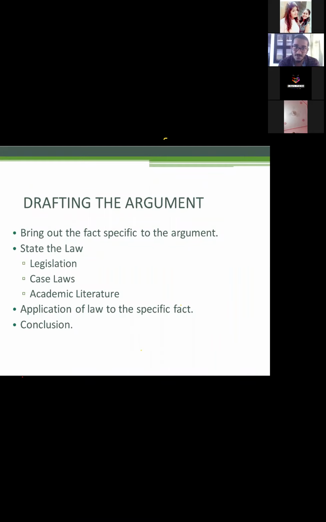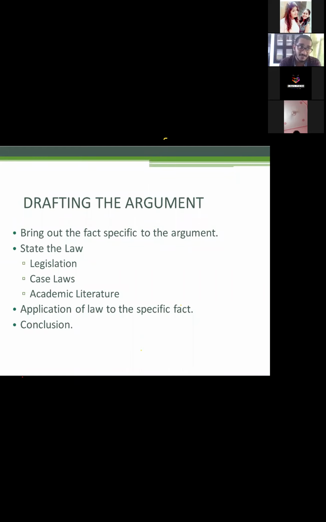For instance, you are saying that your case is maintainable. Maintainability is an issue that you have found, and your argument is that your case is maintainable. So you need to point out the facts showing why that particular petition is maintainable.